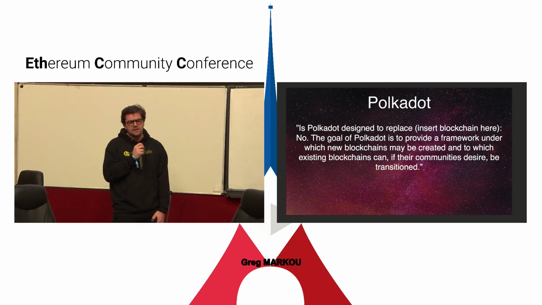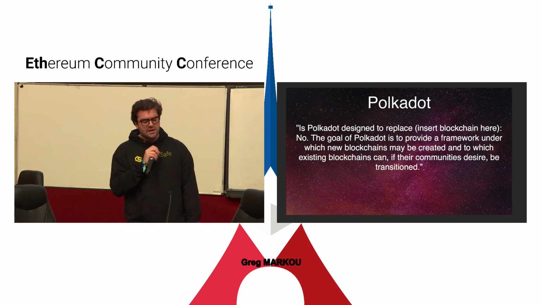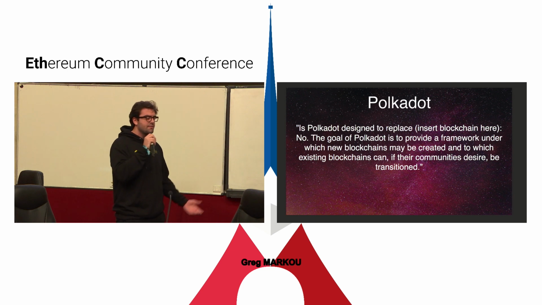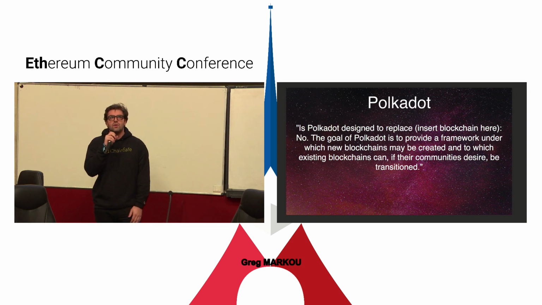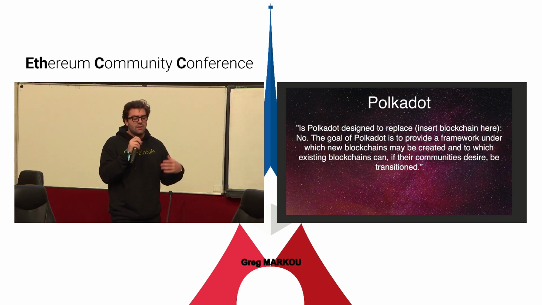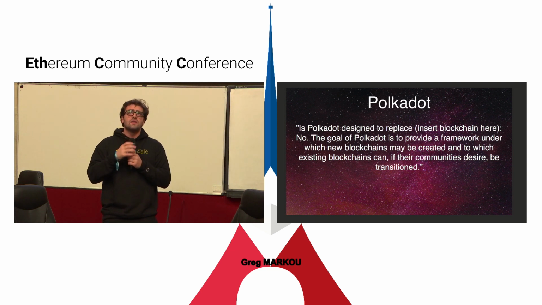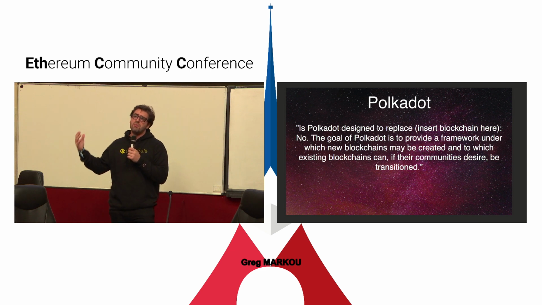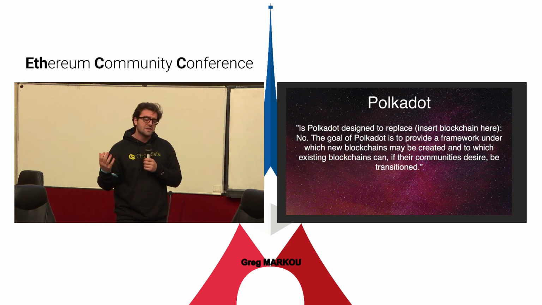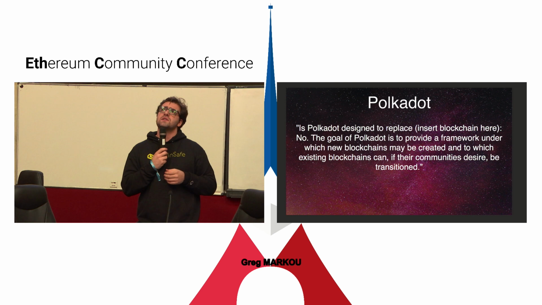So basically, to cover a few basic things here: is Polkadot designed to replace Ethereum? No, that's not the goal here. The goal is to allow a framework so that new blockchains can be created, and existing ones can still benefit from the Polkadot ecosystem. That's a big thing that there's a lot of controversy around.